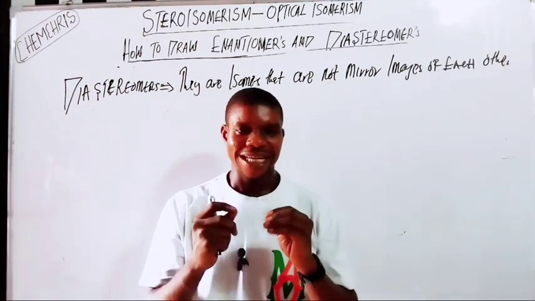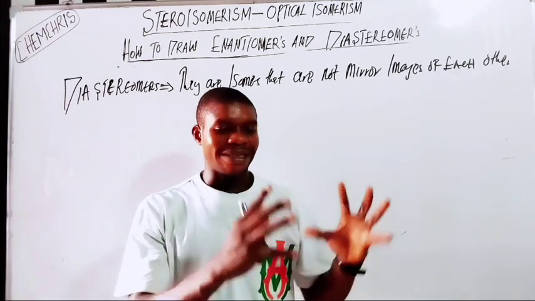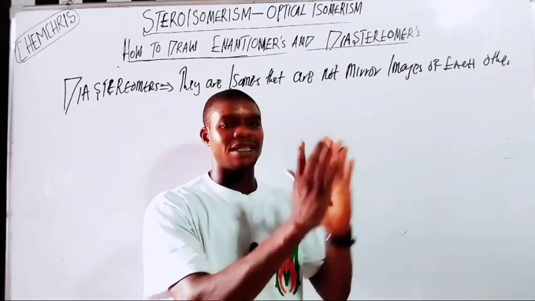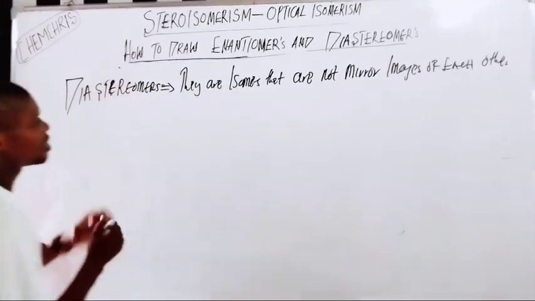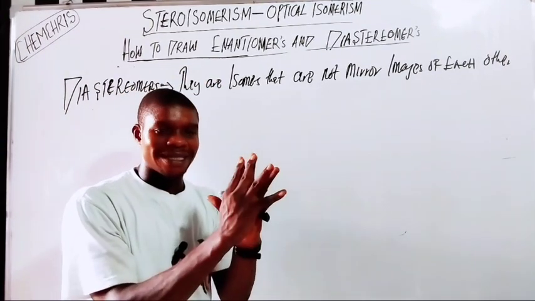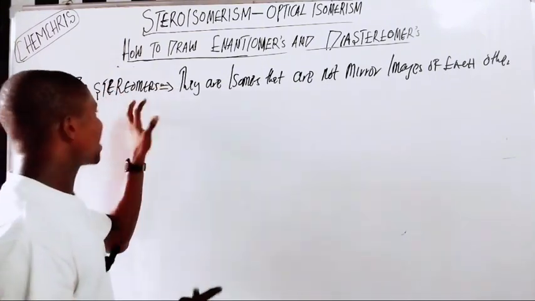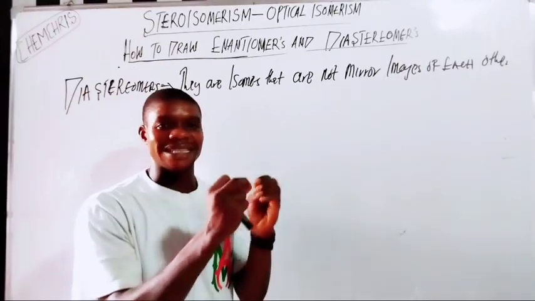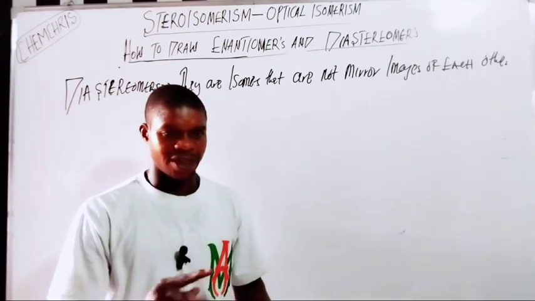But understand that diastereomers and enantiomers are not the same. Enantiomers are stereoisomers that are mirror images of each other. Diastereomers are stereoisomers that are not mirror images of each other.